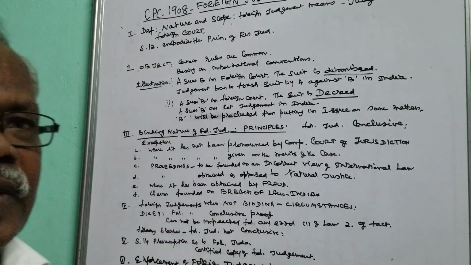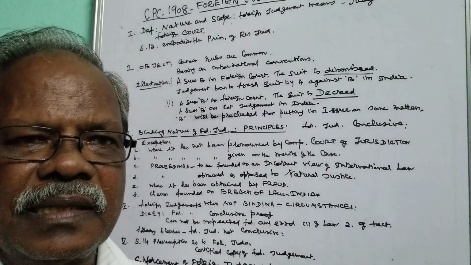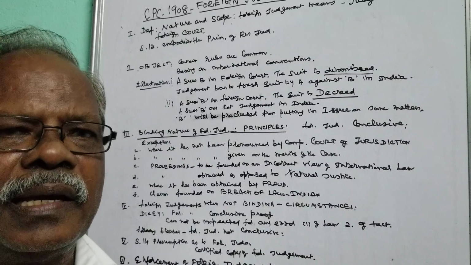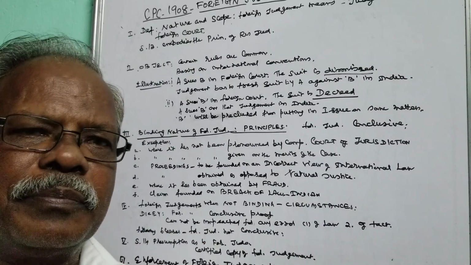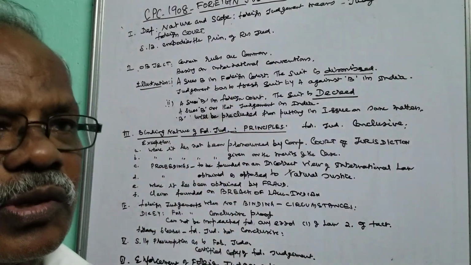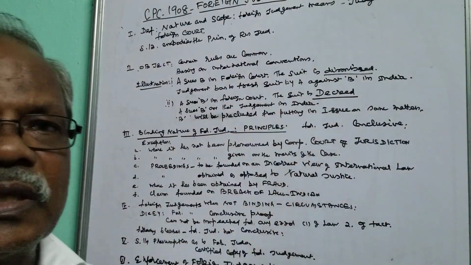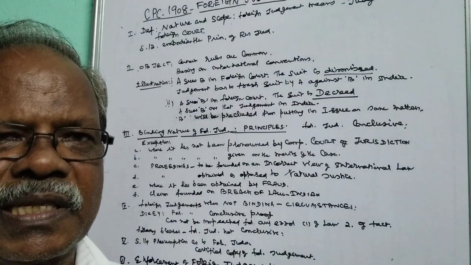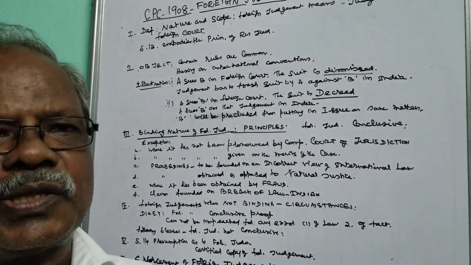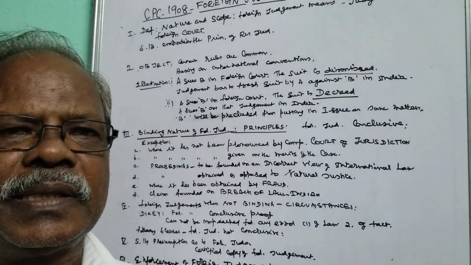Then we can give an illustration. A sues B. A makes a complaint against B in the foreign court. In the foreign court, the suit is dismissed. So A's claim cannot be accepted by the court.